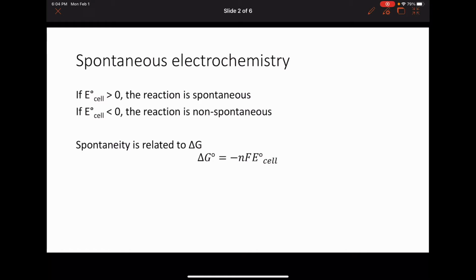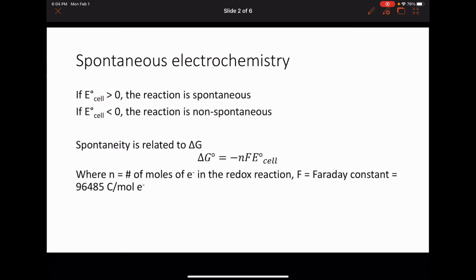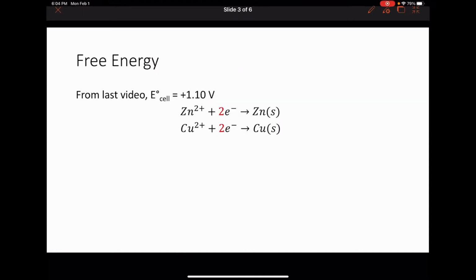And so we have a mathematical expression where delta G is equal to minus nF E cell. n is the number of moles of electrons in the redox reaction. F is the Faraday constant, which is basically the charge of a mole of electrons. And the E cell potential is our cathode minus anode that we figured out from our particular half reactions.